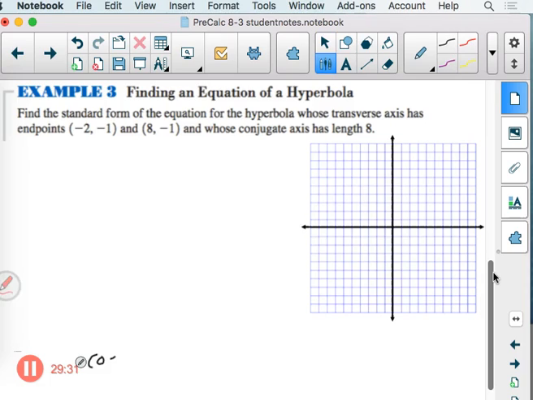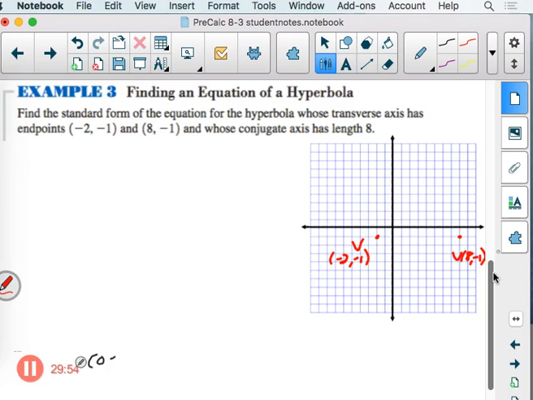Better make a sketch. -2, -1, and that is the transverse axis. What does that mean to us? The vertices. So vertex at -2, -1, and another vertex at 8, -1.